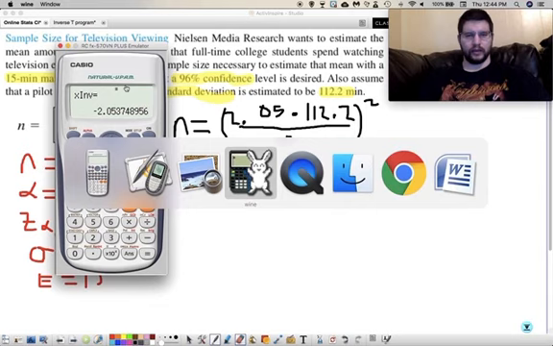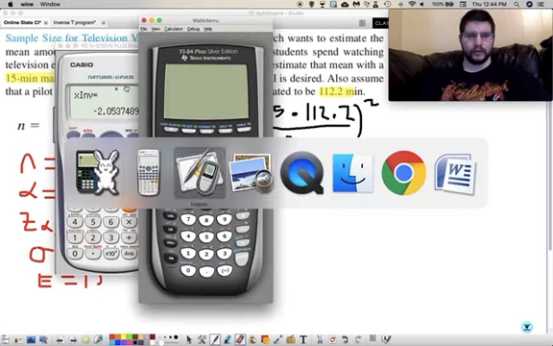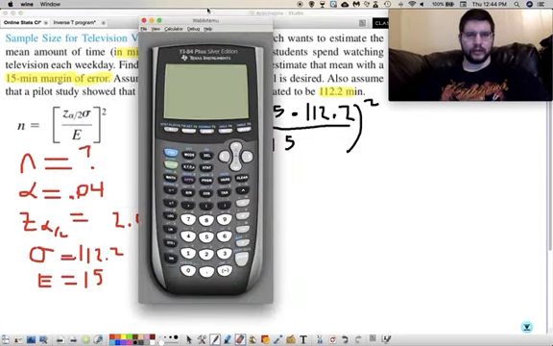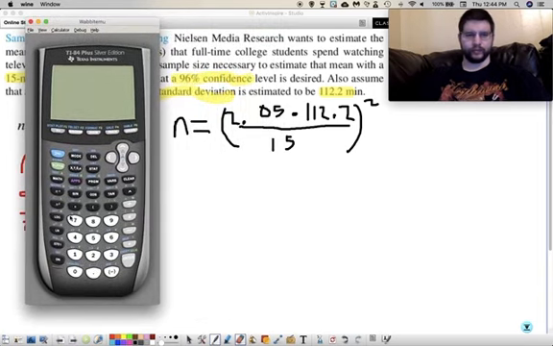I'll type it into the TI since it doesn't have math type. So clear your screen. Make sure you put your numerator in parentheses, the denominator in parentheses, and the whole thing in parentheses, close the parentheses of the whole thing, and square it.